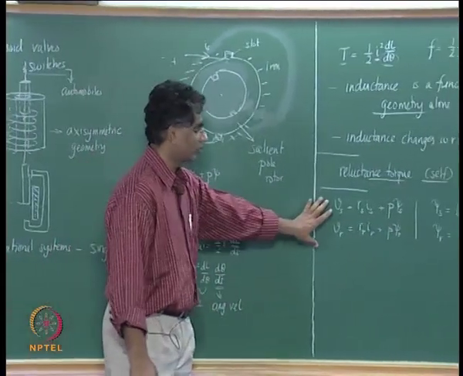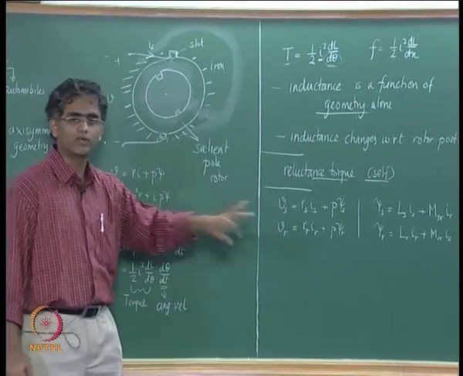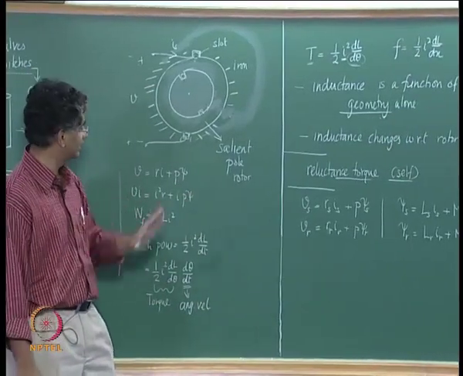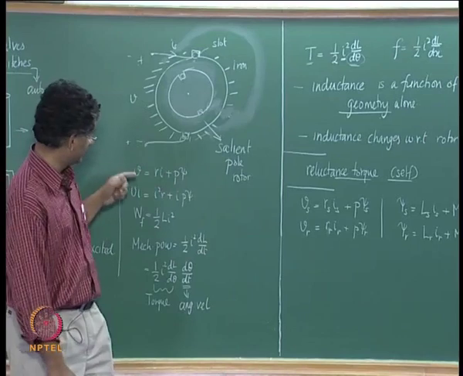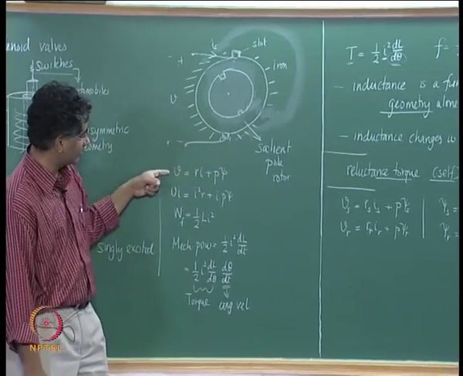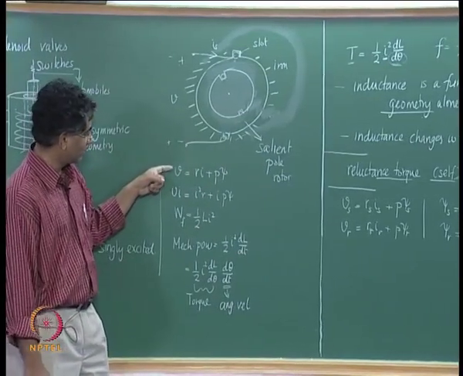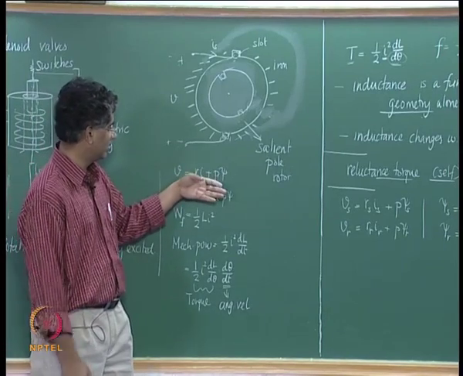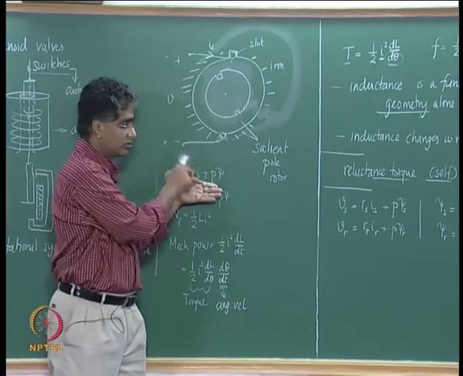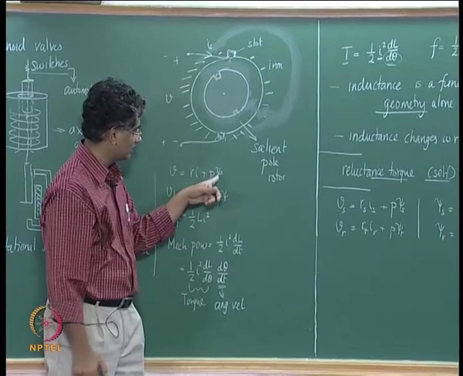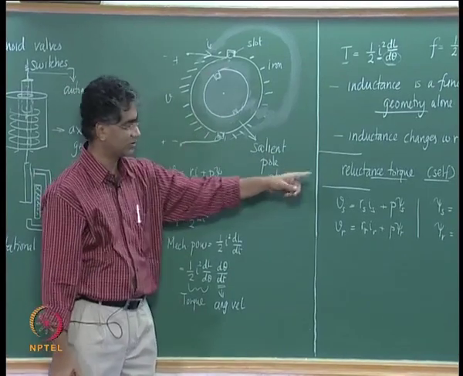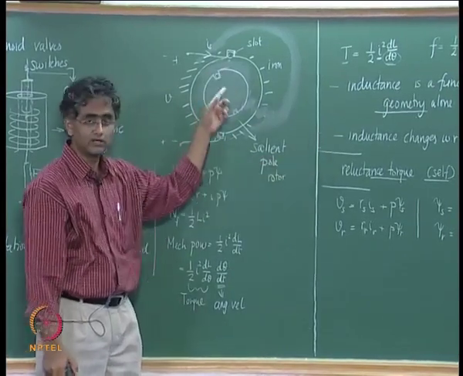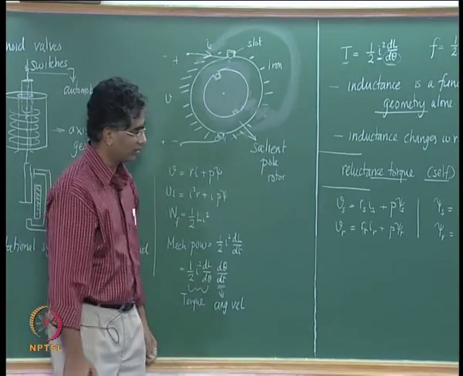So far the procedure is the same as what we had done in the linear motion case, and in the singly excited case we wrote the expression for the applied voltage as V equals Ri plus P psi, but there are two voltages now, so you have two equations, and psi is not just one, there are two psi's, flux linkage for the stator and the rotor, and therefore you have both of them.